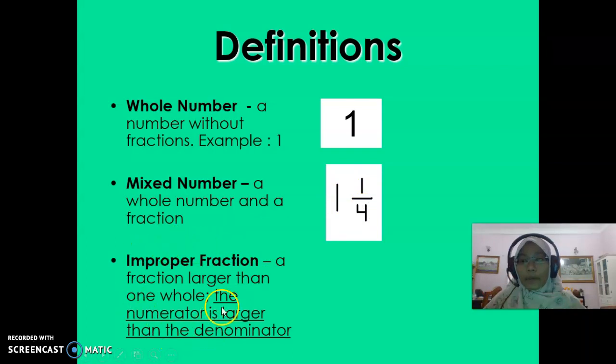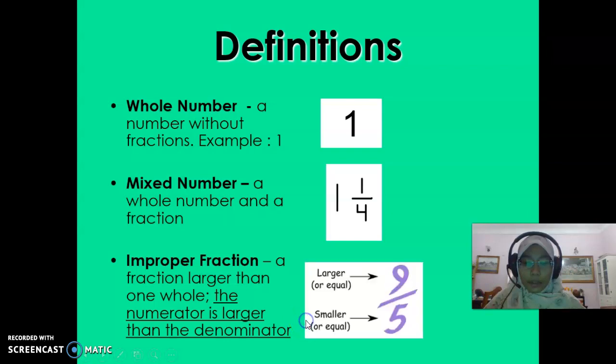And then improper fraction. Improper fraction is a fraction that is larger than 1 whole. Okay, this is the characteristic of an improper fraction. The numerator is larger than the denominator. Okay, look, this is the example. 9 over 5.